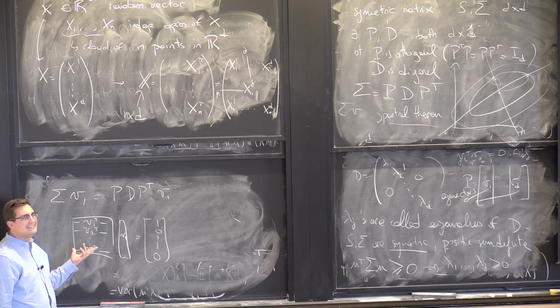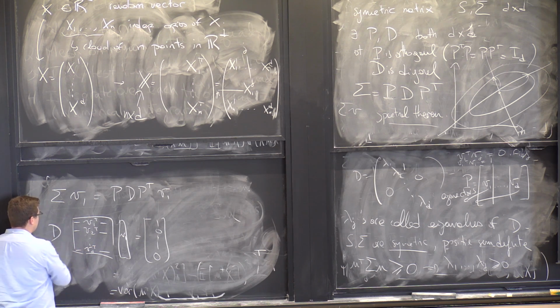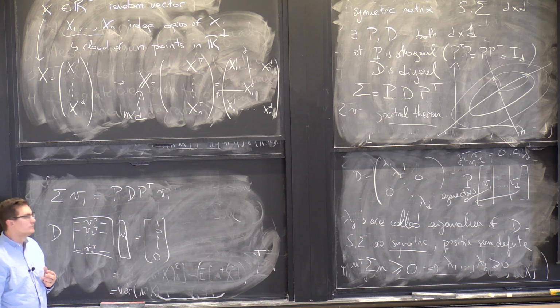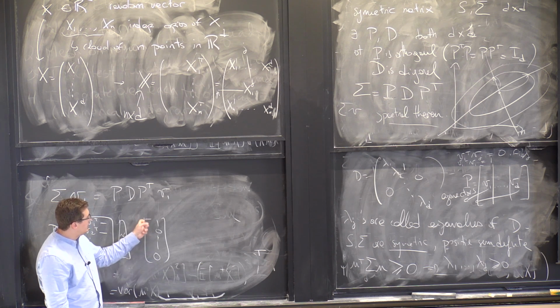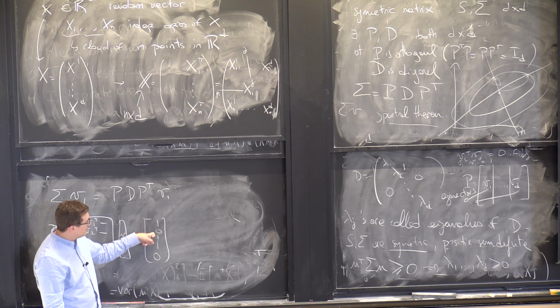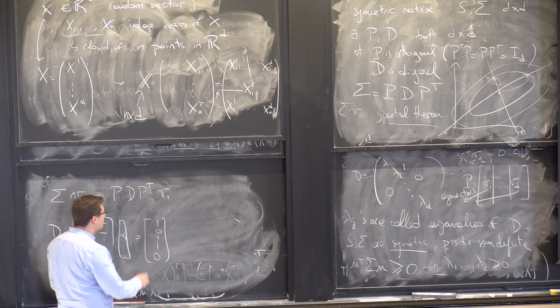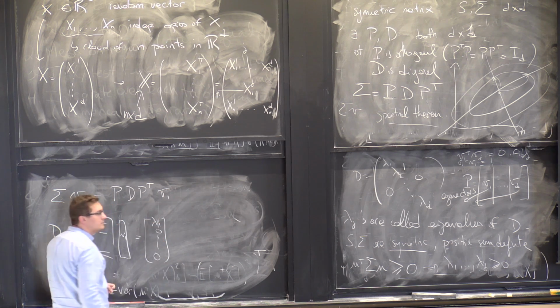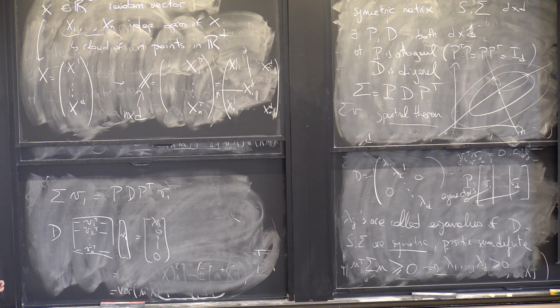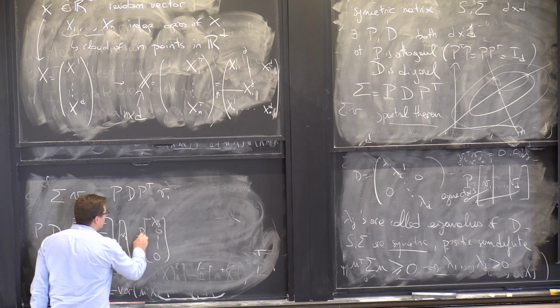Now I multiply by D. Well, I'm just multiplying this guy by lambda 1, this guy by lambda 2, and this guy by lambda D. So this is really just lambda 1. And now I need to post-multiply by P. So what is P times this guy?